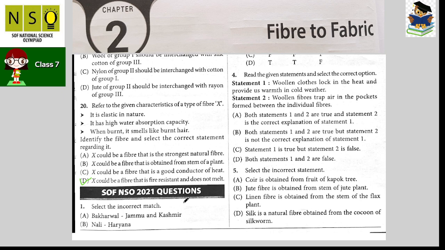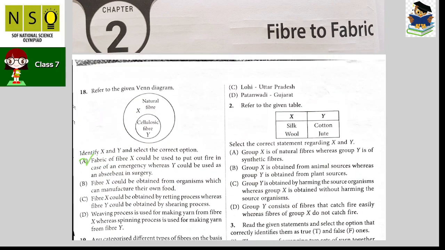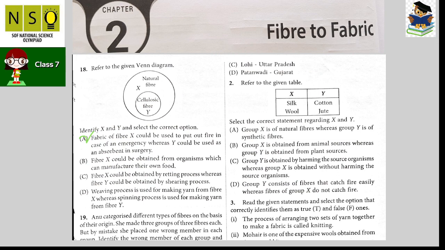Pakharwal, Jammu and Kashmir; Nali, Haryana; Lohi, Uttar Pradesh; Patanwadi, Gujarat. In this we find that C is the incorrect option. Why? Because the Lohi is an Indian breed of wool yielding sheep and it is found in Rajasthan and Punjab.